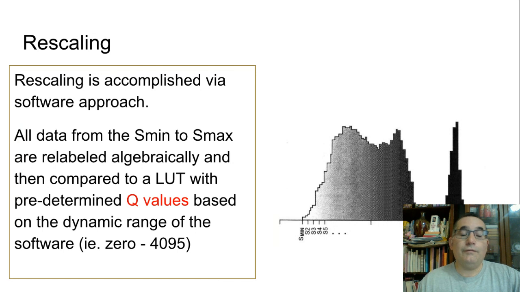So of course, rescaling is done utilizing software, and occasionally the software gets updated.